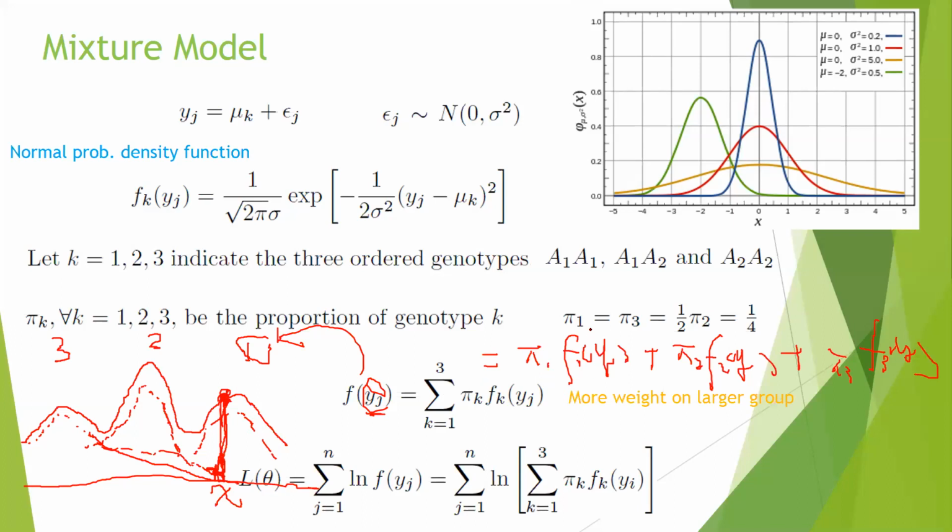But if you use the same number to calculate the density function for distributions 2 and 3, these two values will be very small, like this. Can you follow me?